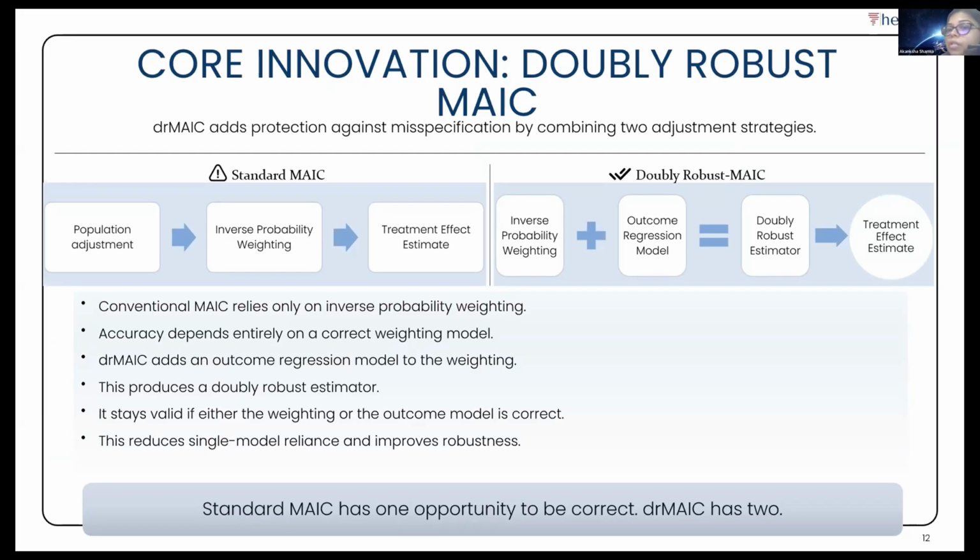And that combination is what's called a doubly robust estimator. It gives valid estimates if either the weighting model or the outcome model is correctly specified, not necessarily both, and that materially reduces the reliance on any single model component. Put simply, standard MAIC has one opportunity to be correct and drMAIC has two.